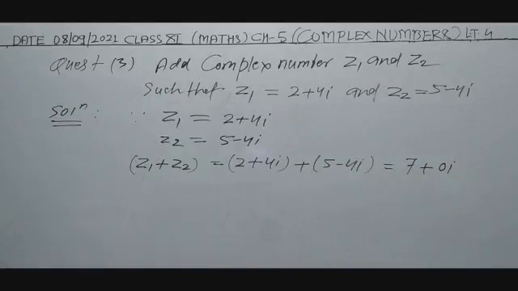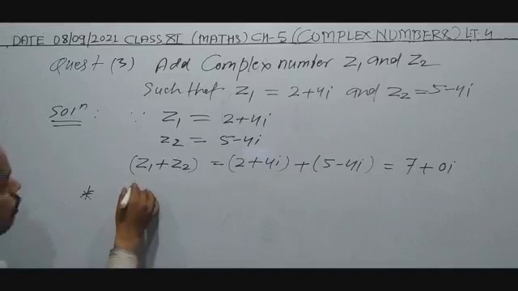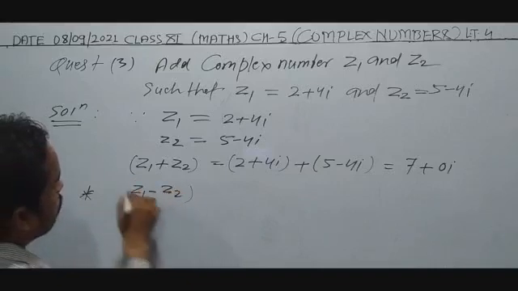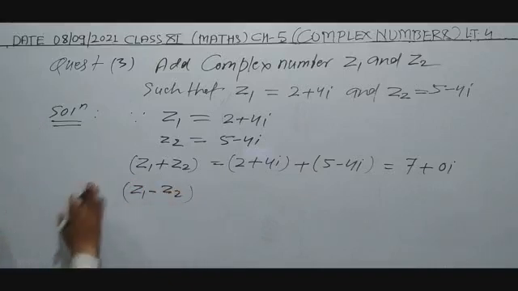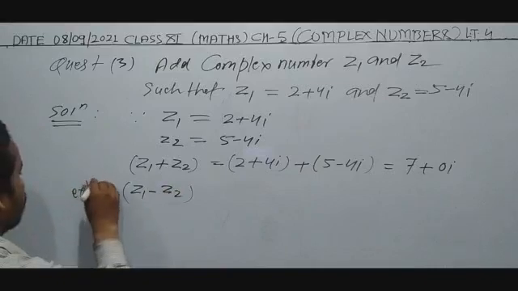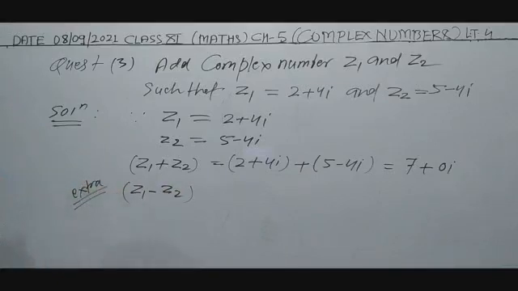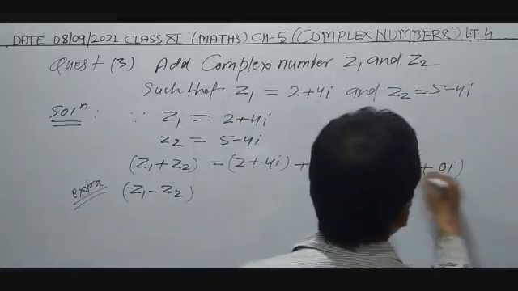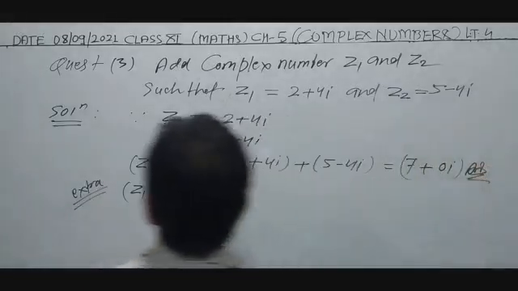This is in complex form. Now suppose you have to find out Z1 minus Z2. This is the answer, but this is the extra question.